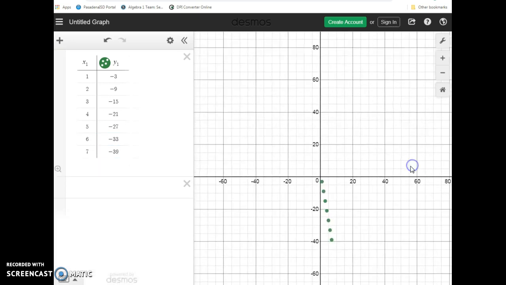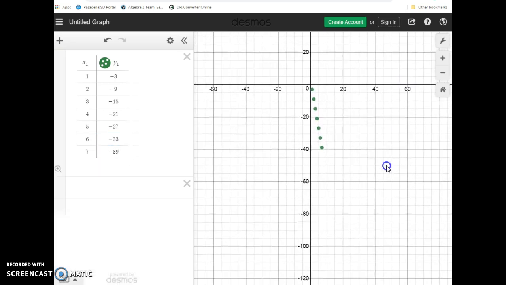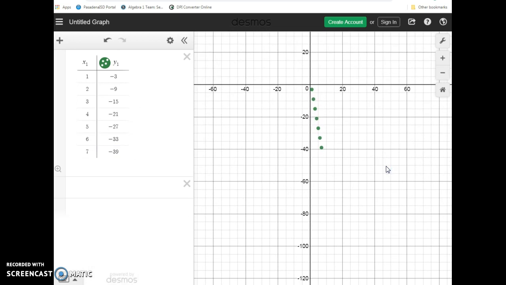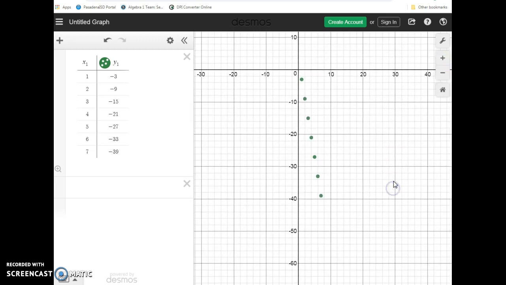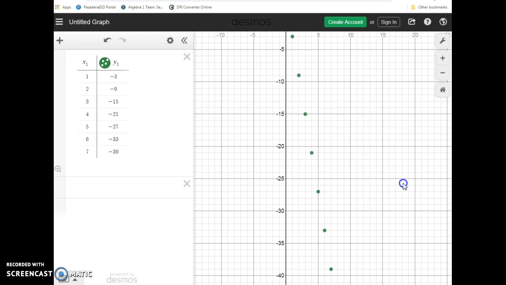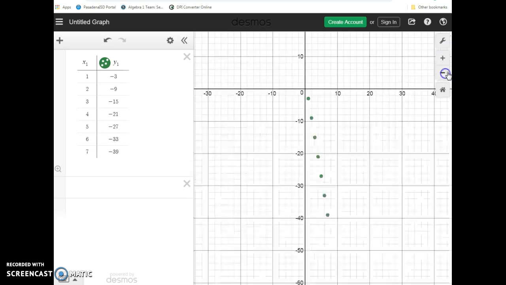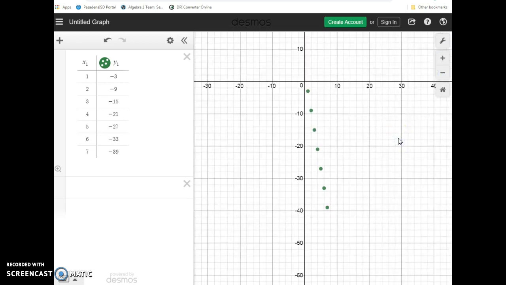Okay? And look, if yours is not zoomed out enough, make sure you zoom it out. You need to look at it. What does that look like to you? Does that look like a line or like a curve? It looks like a line to me. They're in a line.